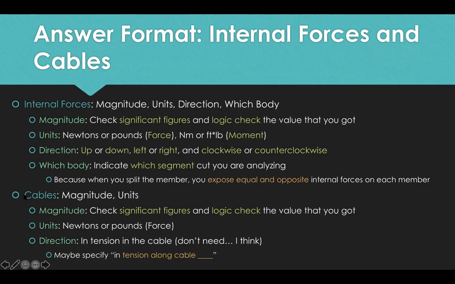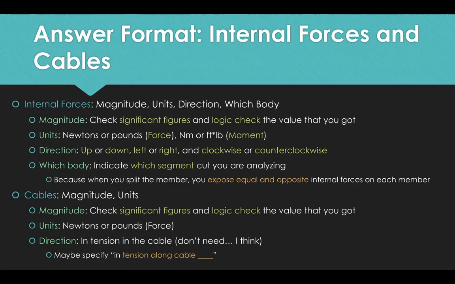For cables, again, you only need magnitude, unit, and direction. But in terms of the direction, I think that because all cables are in tension, you might not need it 100%. It kind of varies in the solution guide, so I couldn't find a 100% confident answer.